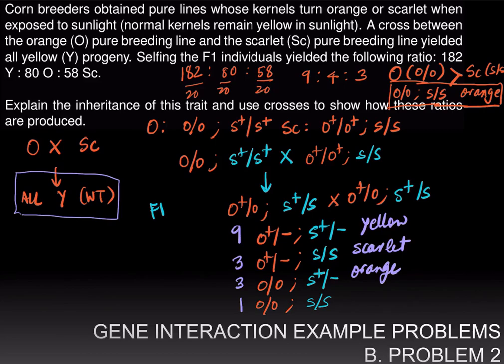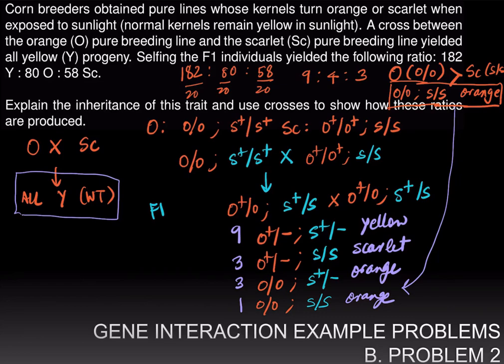And finally, we have the double mutant, which we inferred is going to have the orange phenotype, since orange is epistatic to scarlet, which we deduced from the 9:4:3 ratio that was given to us.